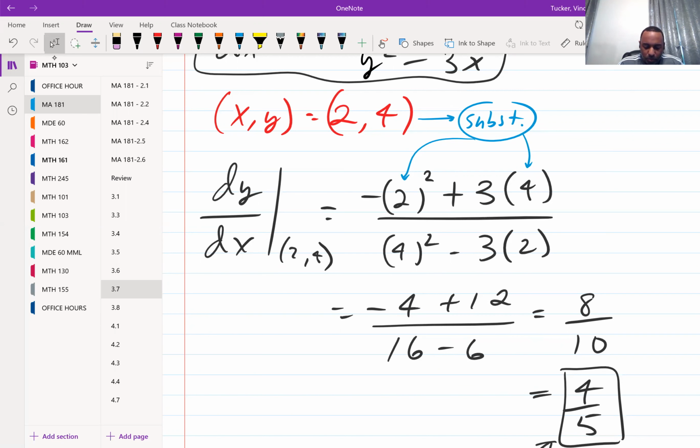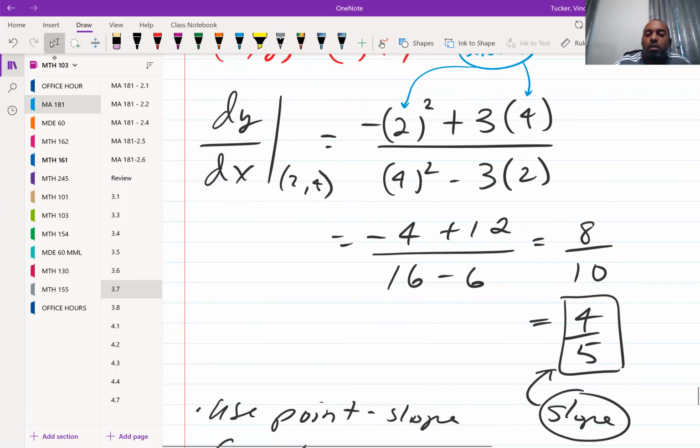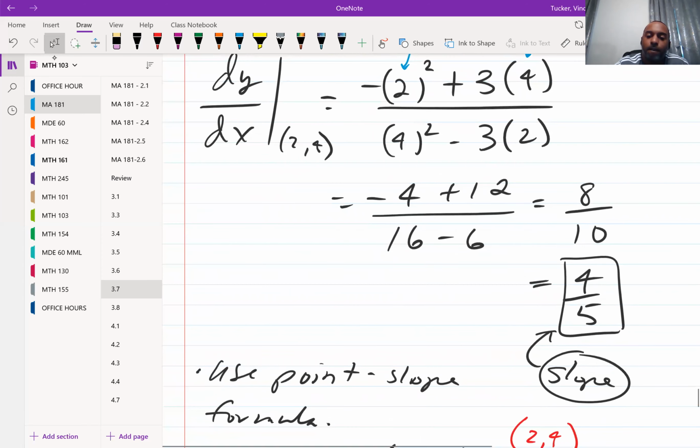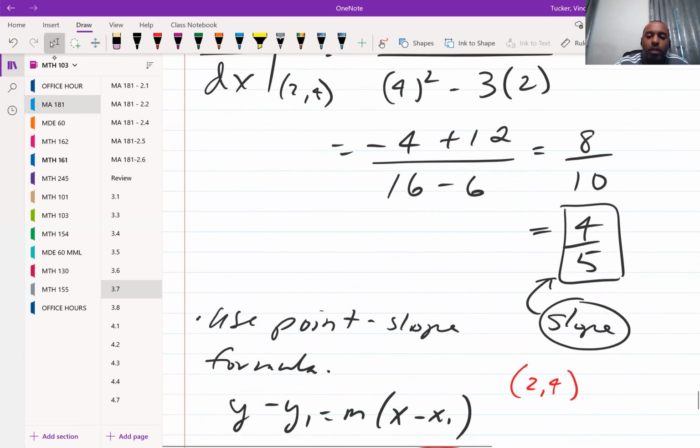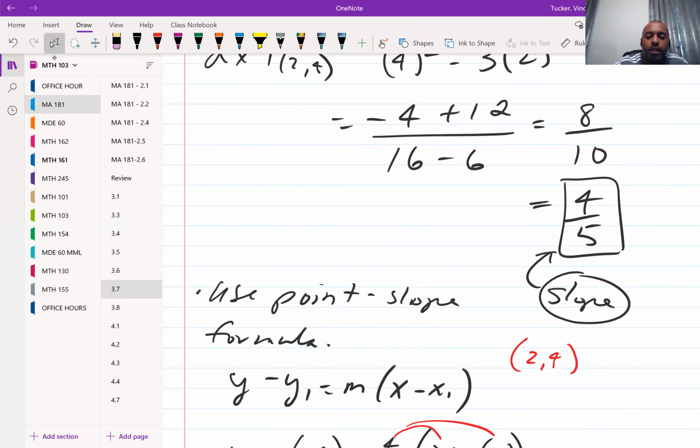Any problems? Make sure we're good. All right, so don't forget that's our slope. And now we can use the point-slope formula to find the tangent line.